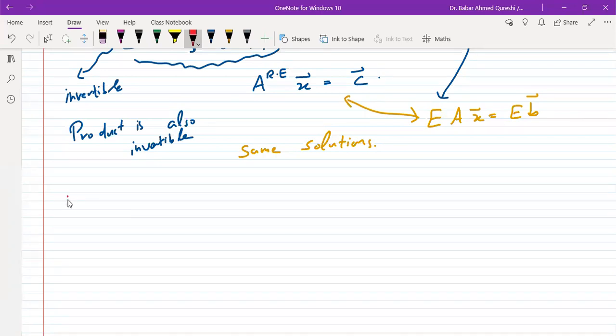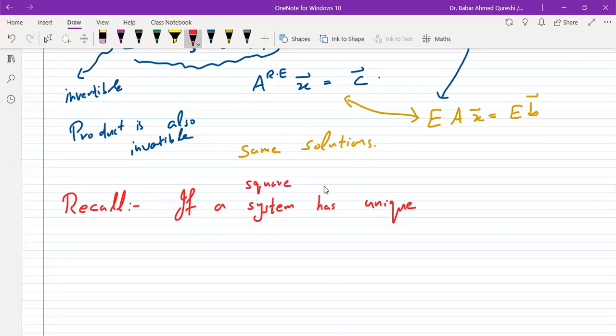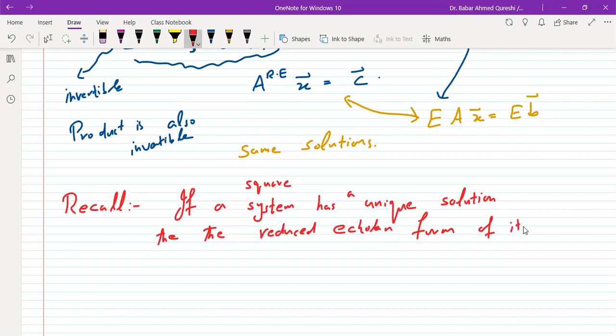Okay, let's recall. The recollection is that if a square system has a unique solution, then the reduced echelon form of it is identity.